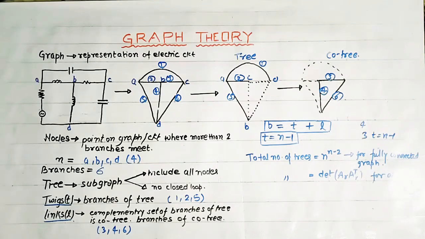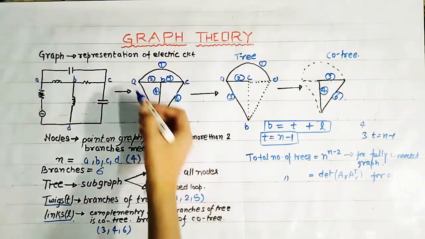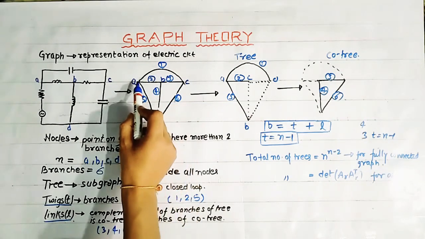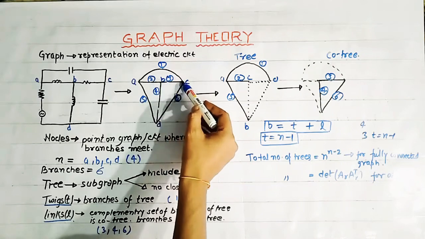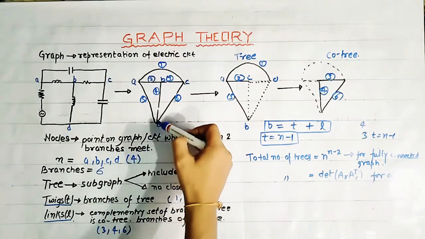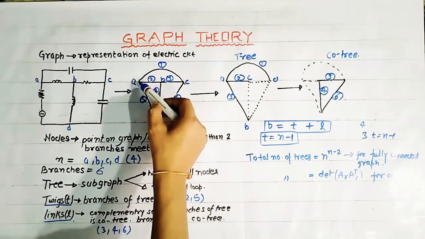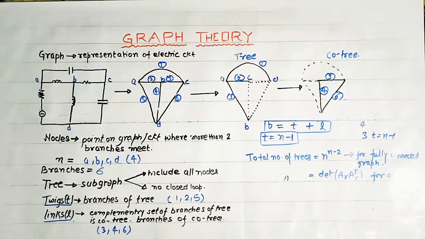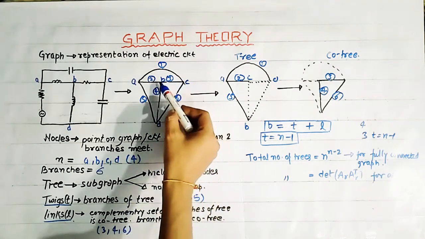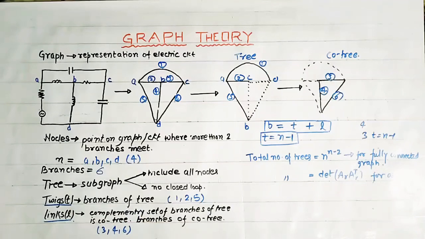Now what is a fully connected graph? A fully connected graph means a graph in which each node is directly connected to every other node. So here in this graph we can see that this node is connected to all the other three nodes, and this node is connected to these three nodes, and this node is again connected to all these three nodes. It means the degree of each node is the same.